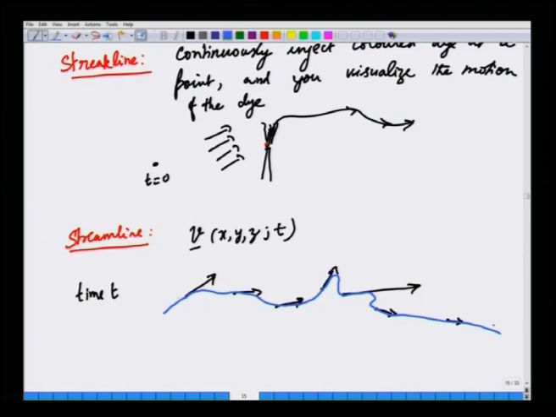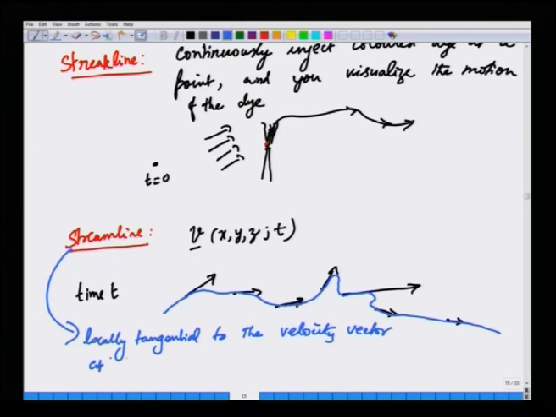So, streamline is a line that is locally tangential to the velocity vector at each and every point in the fluid at a given instant of time.